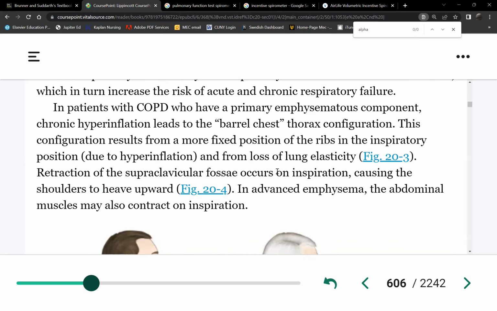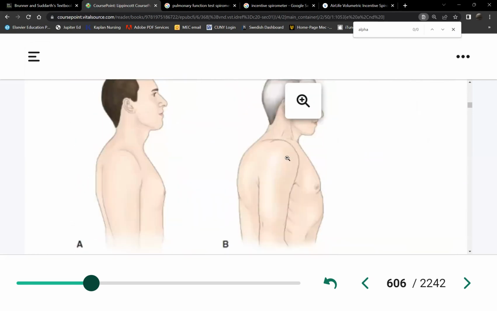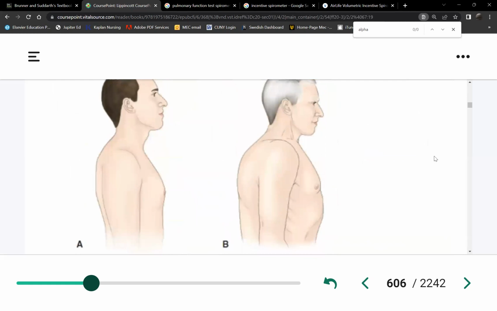What are permanent besides barrel chest? Okay, very good. Well, I wouldn't say never. I wouldn't say that. Because we can't achieve 100% on COPD patients with oxygen therapy.